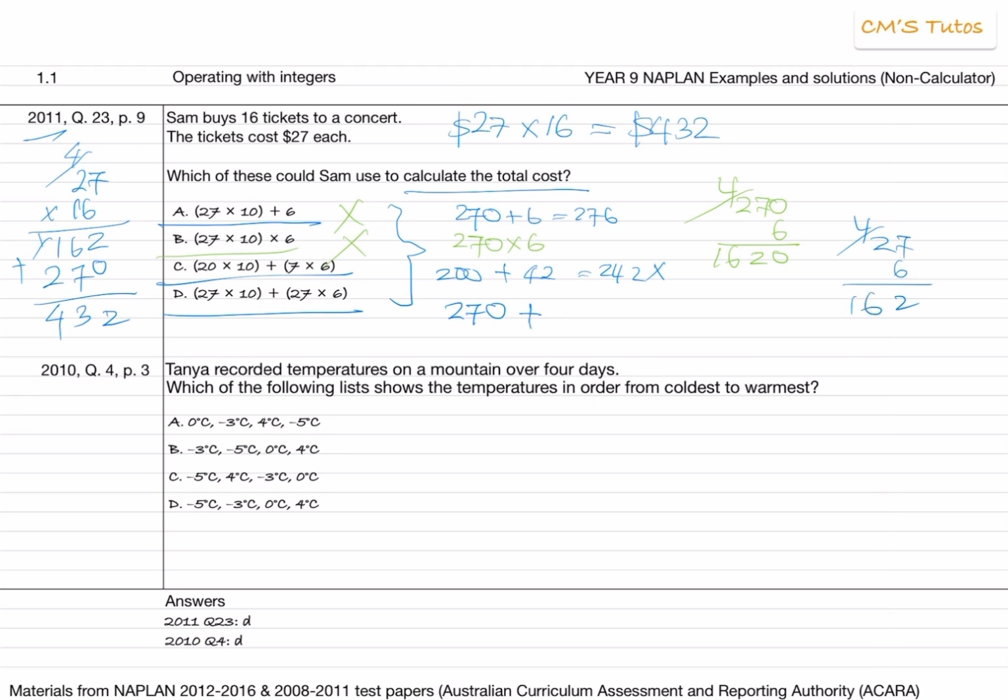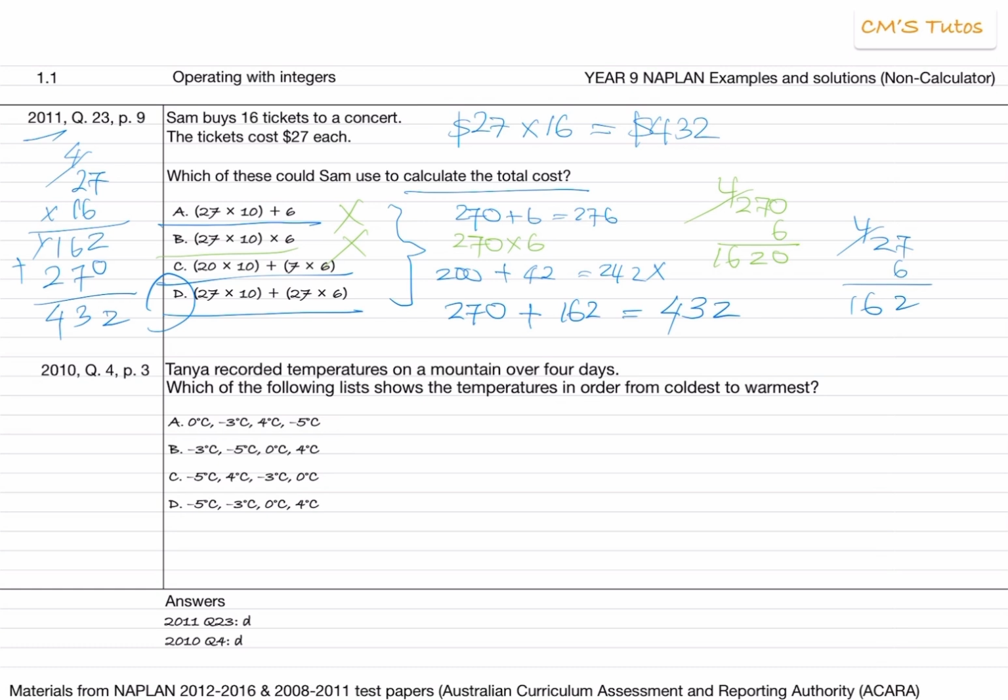We can now plus 162. It's 432. Yeah, we got what we wanted. There it is. So D.